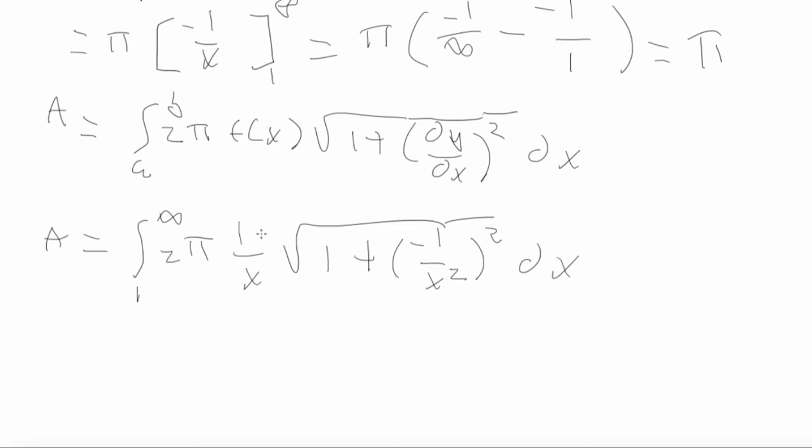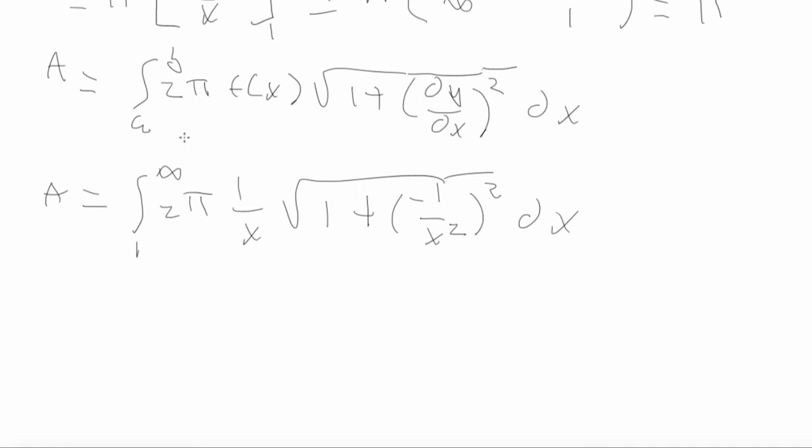So it looks pretty nasty, but if we think of it this way, the square root of 1 plus negative 1 over x squared, this is always going to be greater than 1, and so this is going to be increasing the y values of 1 over x. So we can compare this to another simpler integral.